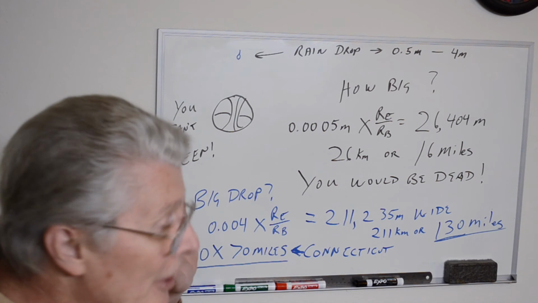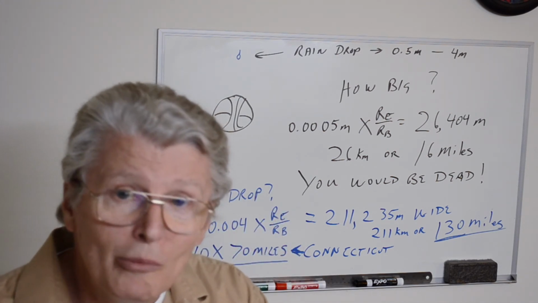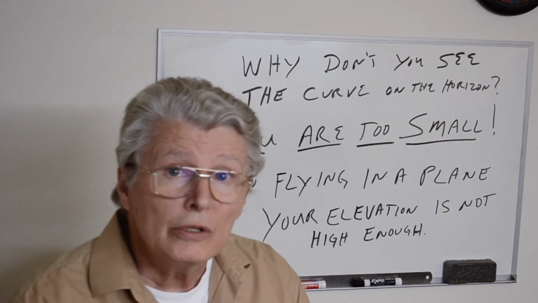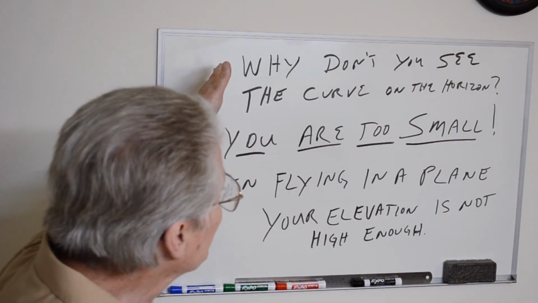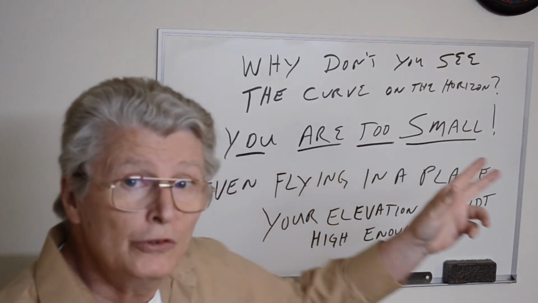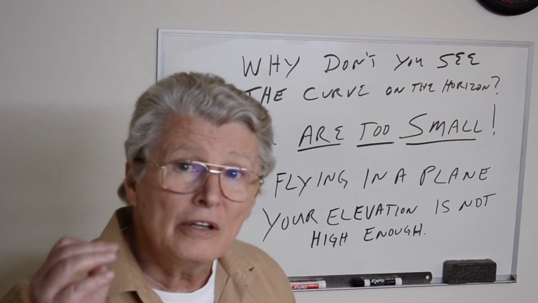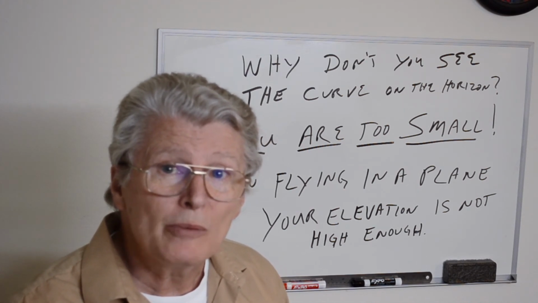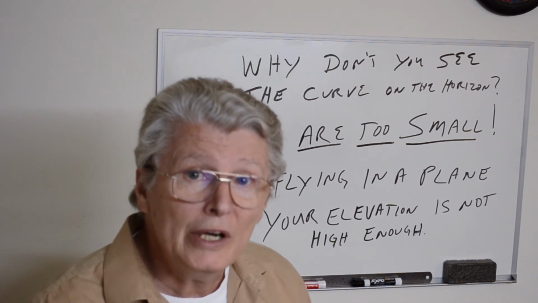So that's how big a raindrop would appear to you, a raindrop from our world hitting you in your basketball world. So in conclusion, why don't you see the curvature of the earth? Well, it's because you're just too small. You're way too small. Imagine a little virus sitting on the top of a basketball. There's no way it's going to see the curvature of the basketball. It's too tiny.